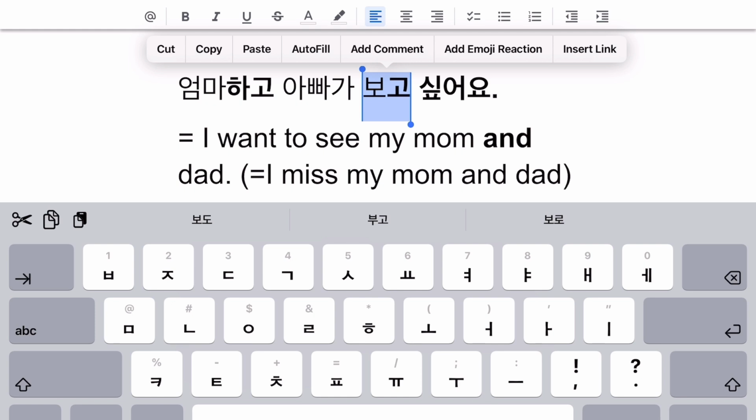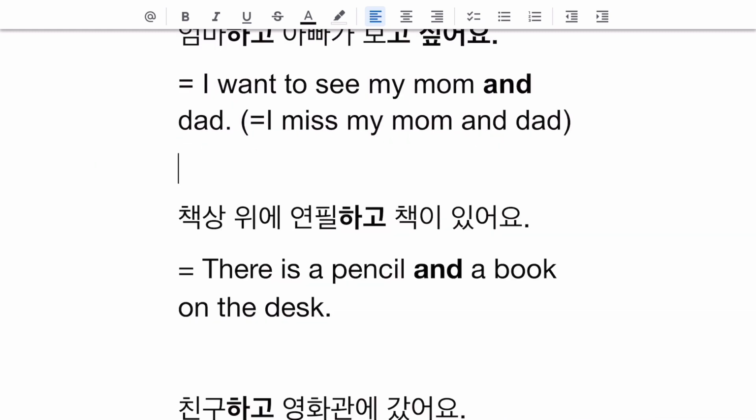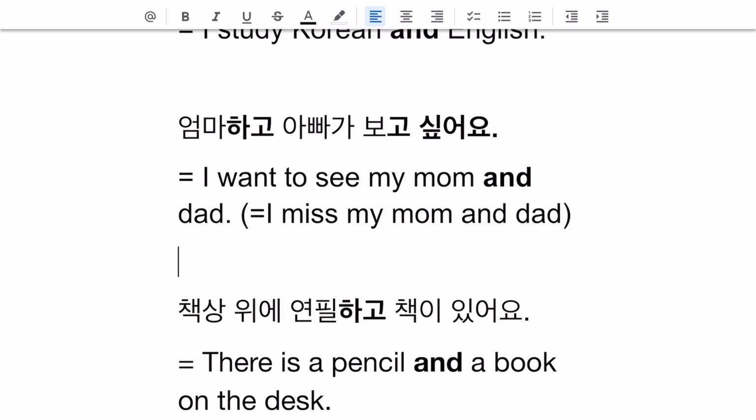Here we have 보다, to see. Literally, 보고 싶어요 is "I want to see," but in Korean it's also a way to say you miss someone. If I want to eat, 먹고 싶어요. If I want to drink, 마시고 싶어요. If I want to study, 공부하고 싶어요.